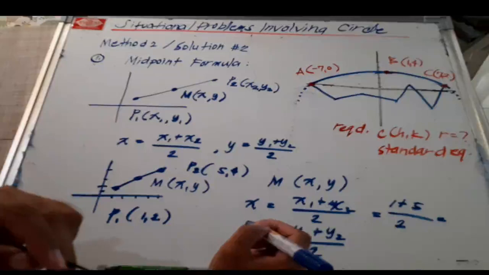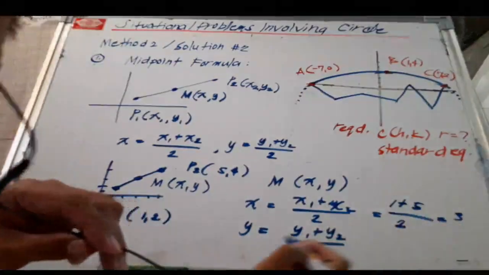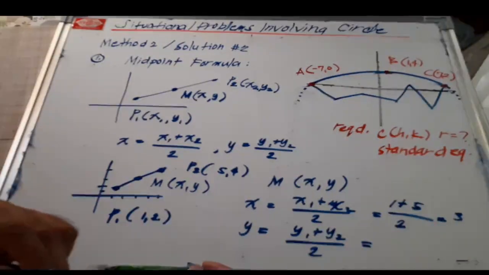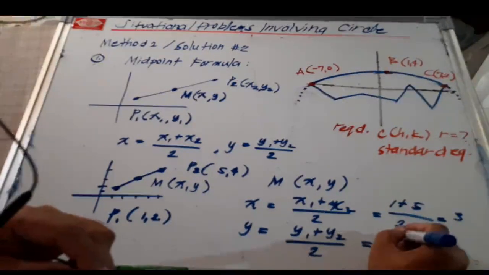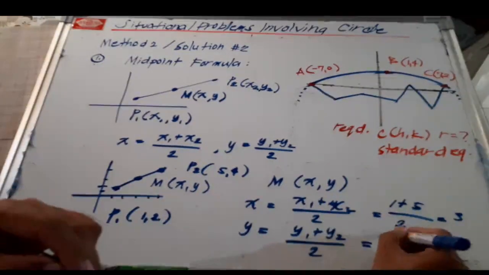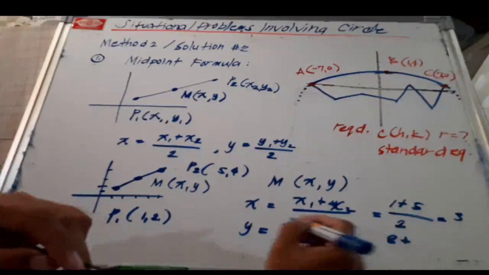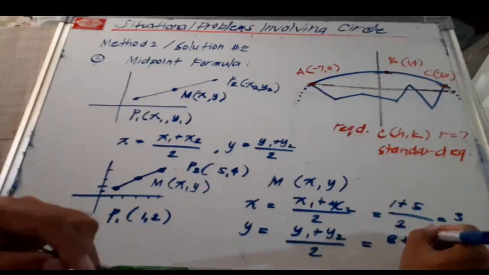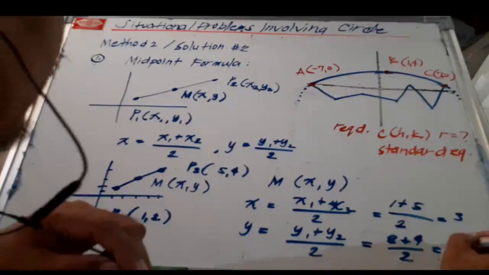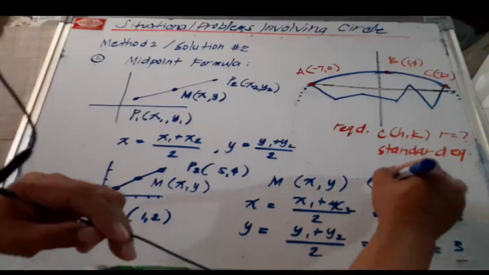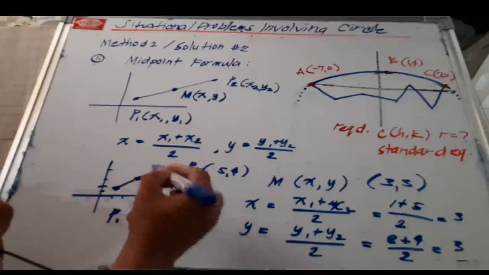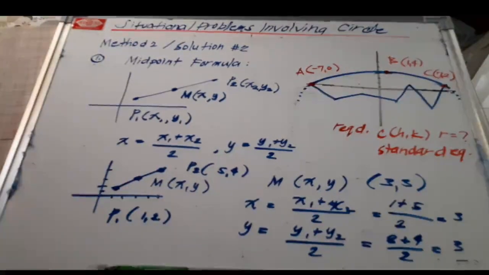Therefore, the abscissa of the midpoint is 3. That is 1 plus 5 over 2 is 3. And then for the ordinate of the midpoint, y sub 1 is 2, 2 plus 4, which is y sub 2, divided by 2. Answer is 6 divided by 2 is 3. So, ang midpoint natin is located at (3, 3). So, 1, 2, 3, 1, 2, 3.